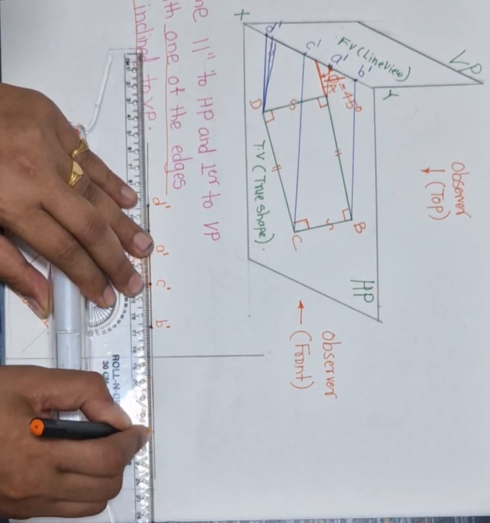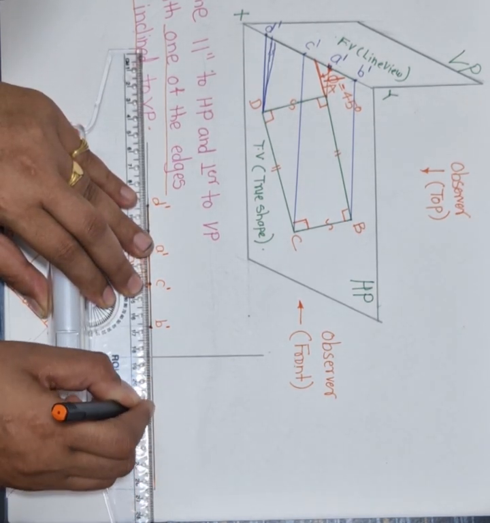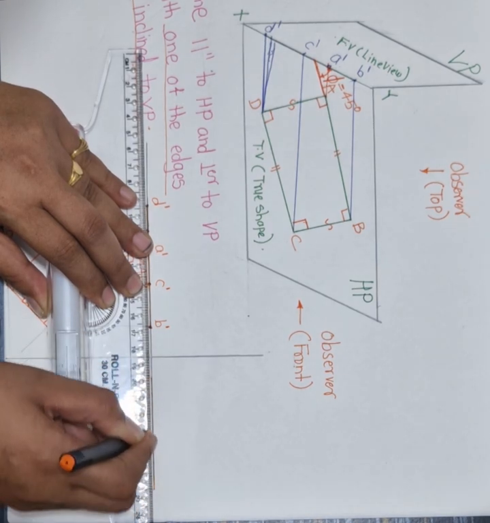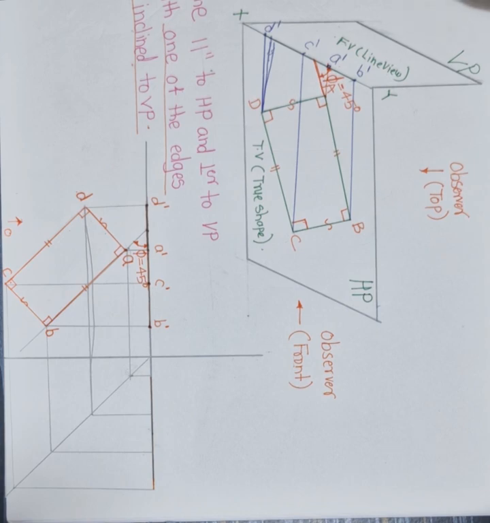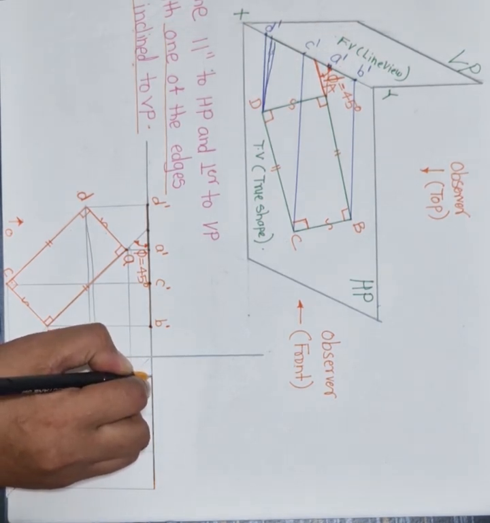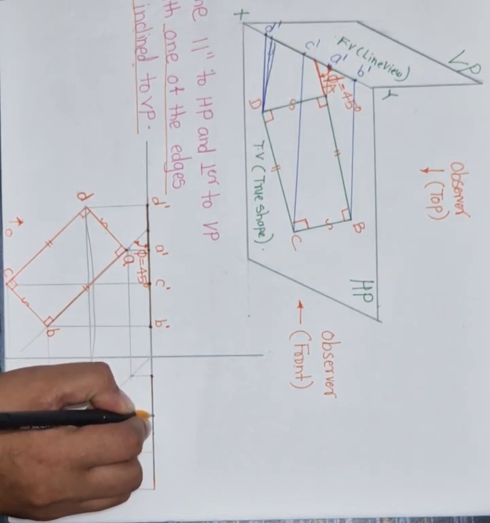So this is the left hand side view, which will also be a line view.